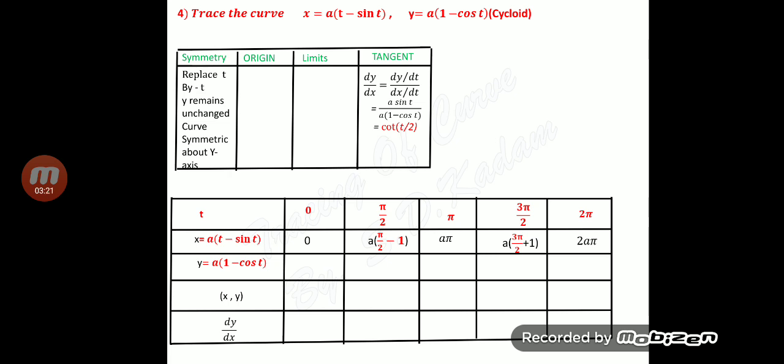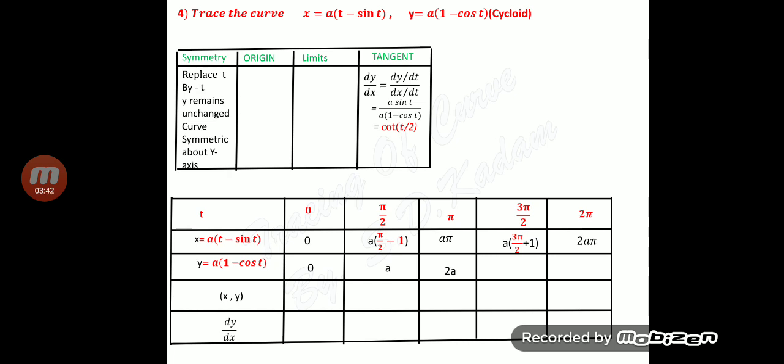Okay, now let's go for y. Try to find out the values of y. If you put 0, cos 0 is equal to 1 and 1 minus 1 is 0. Therefore, the value is 0. If you put pi by 2, it is a because cos pi by 2 is 0.